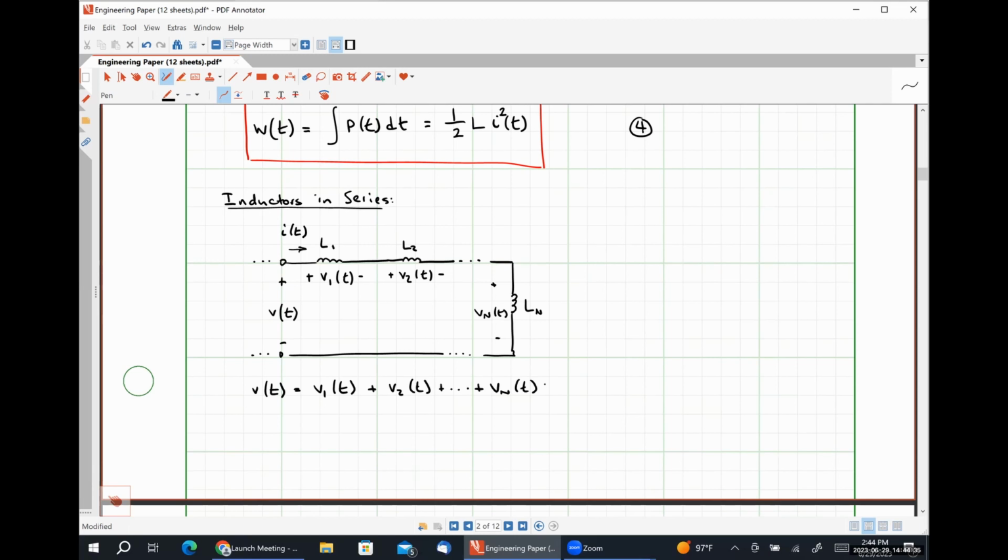So that's just Kirchhoff's voltage law. The voltage rise is equal to the sum of the voltage drops across all of the inductors connected in series.